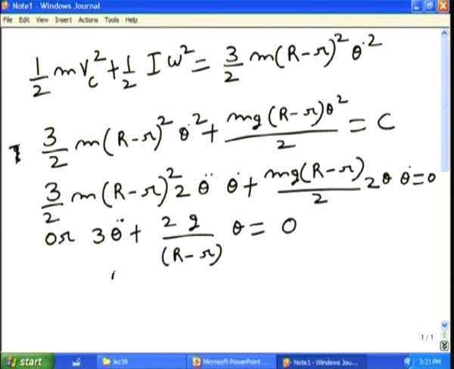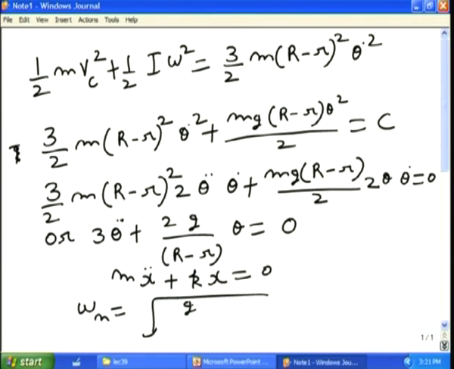Compare it with m x double dot plus kx equal to 0. We see that omega n is equal to under root g divided by 3/2 (R − r). So we get this type of expression.